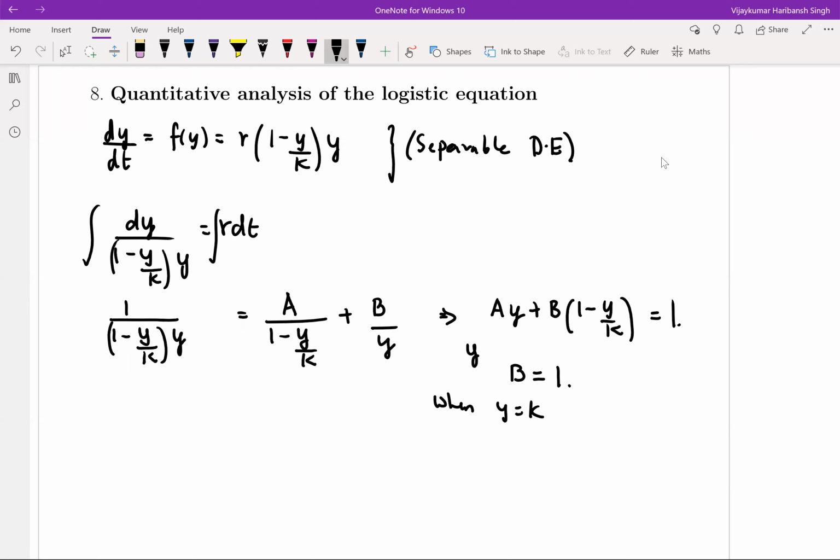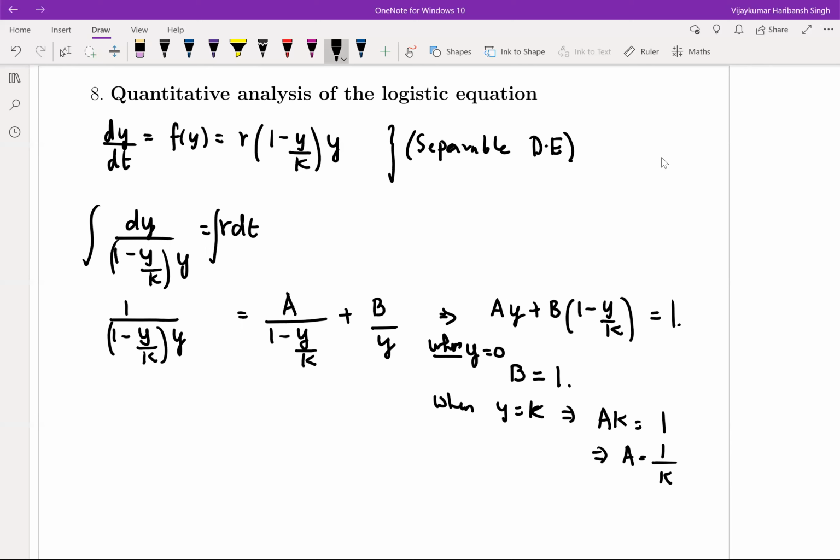When y equals 0, we get b equals 1. And when y equals k, this gives me ak equals 1, so I get a equals 1 over k.